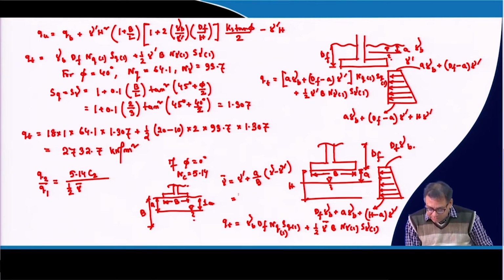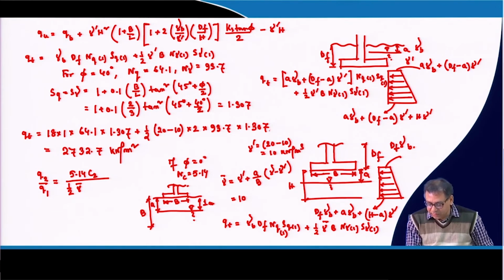Now, gamma dash is 10, gamma sat is 20, and the unit weight of water is 10 kilonewton per meter cube.